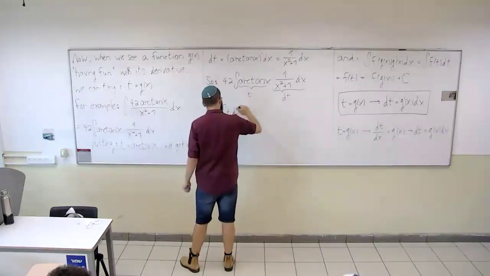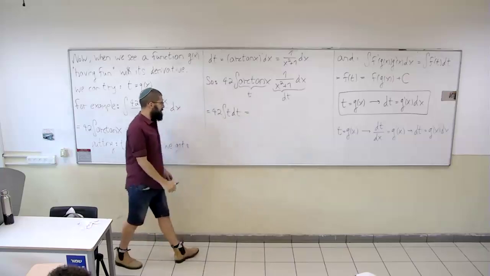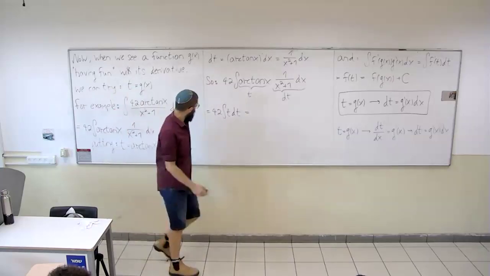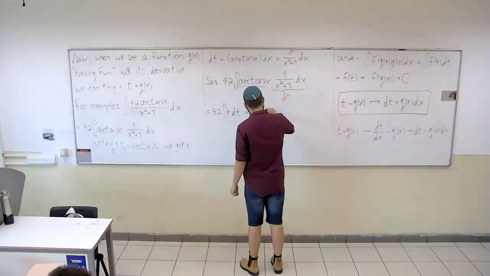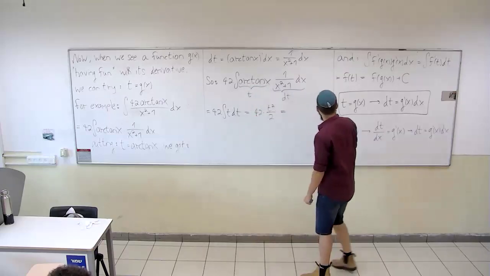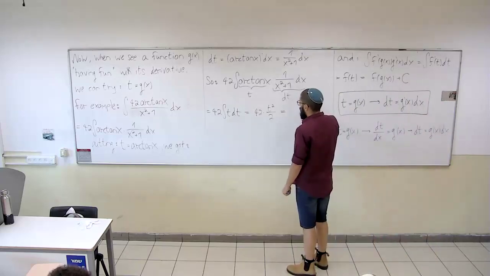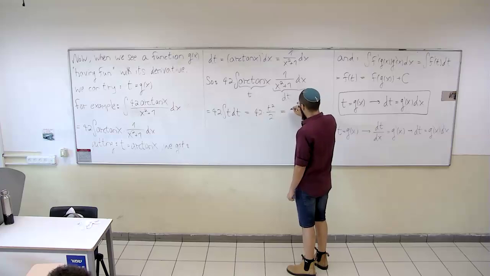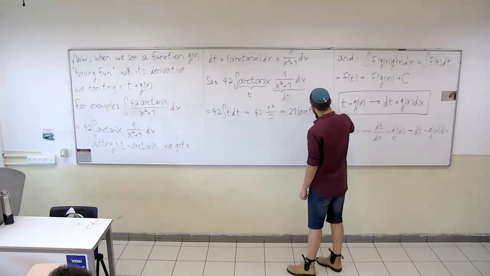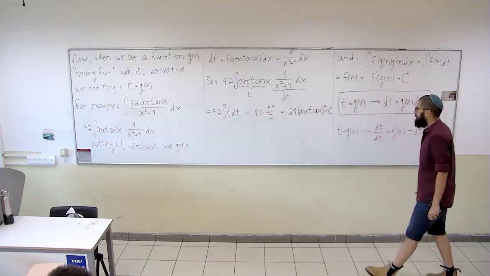We get 42 times the integral of t dt, which is an immediate integral I covered last week. It's t squared over 2, and it's mandatory to go back to the original variable. It's 21 arctangent x to the power of 2, and we finish by always adding plus c.